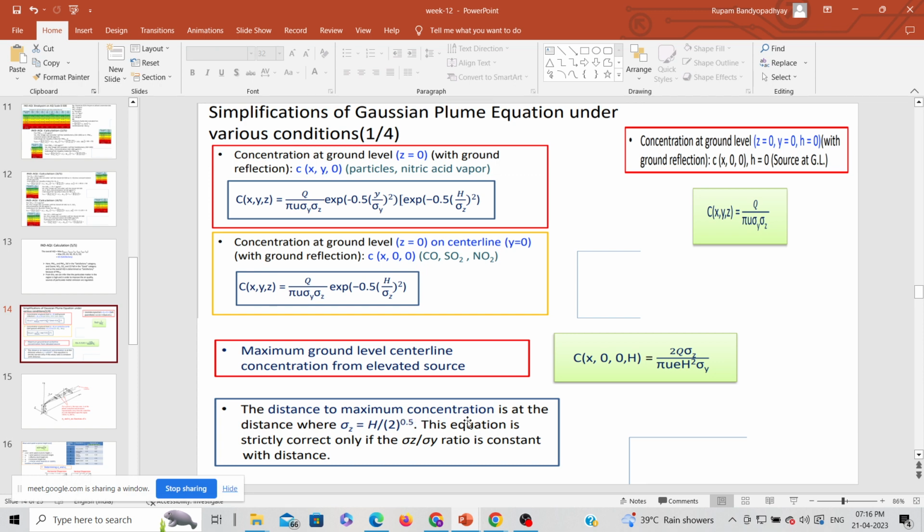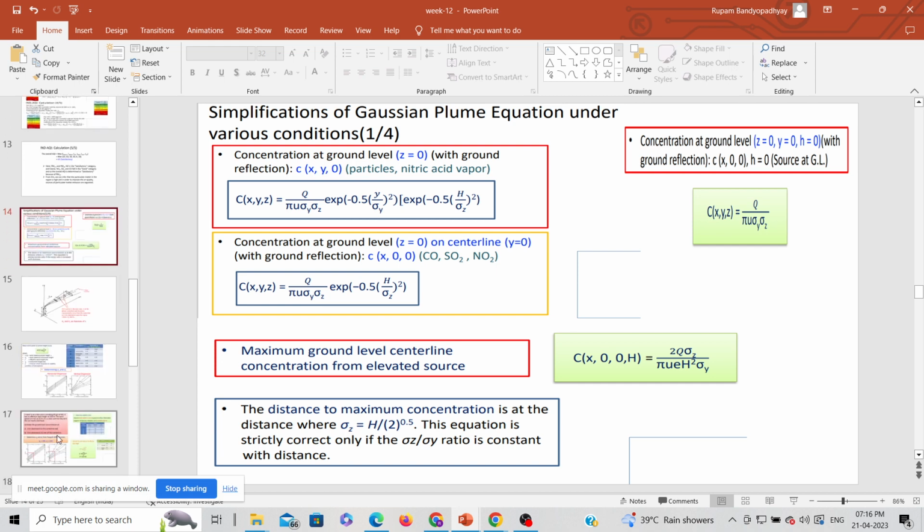For that, first you have to find out at which distance x this condition is met. So first you use this equation to find the sigma z value.